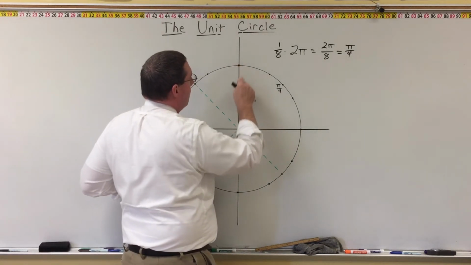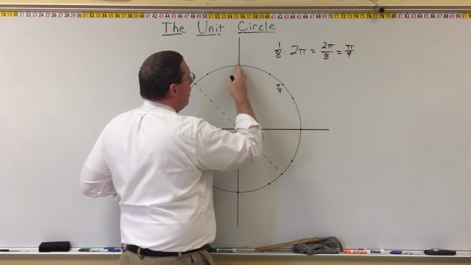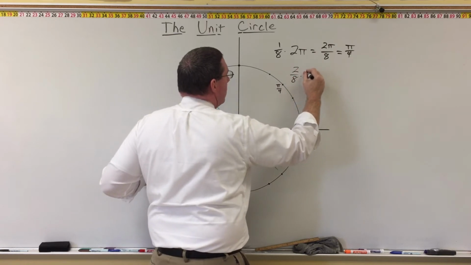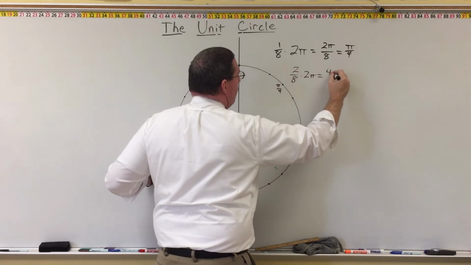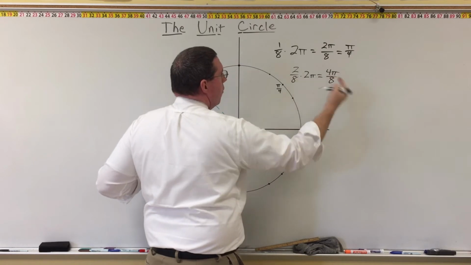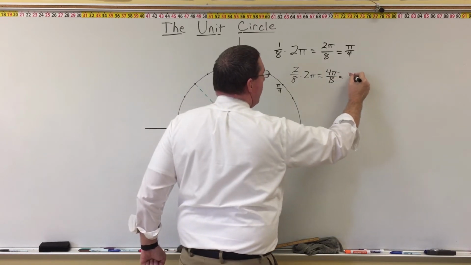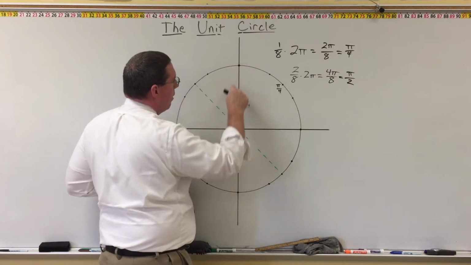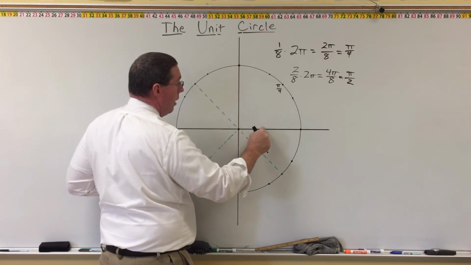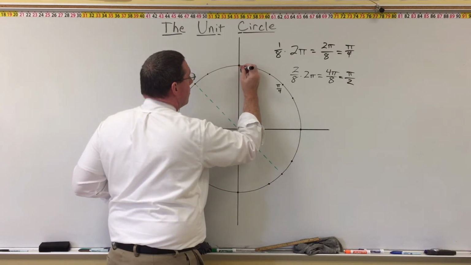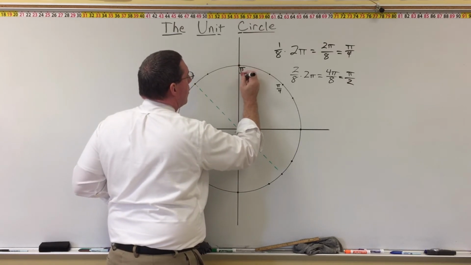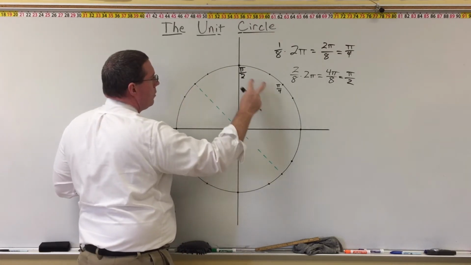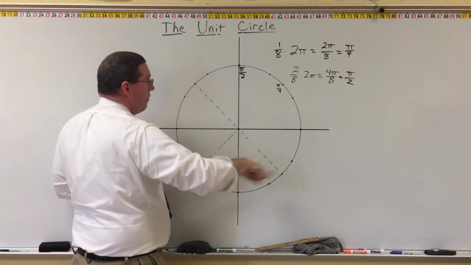So now let's do this one up here. We're going 1, 2 out of 8, right? So 2/8 times 2 pi gives us 4 pi over 8. 4 over 8 cancels to 1/2, that makes pi over 2. So we know that this point up here has the angle pi over 2, which is a 90-degree angle. So this is pi over 2. Coming over here, we've got 1, 2, 3 out of 8.